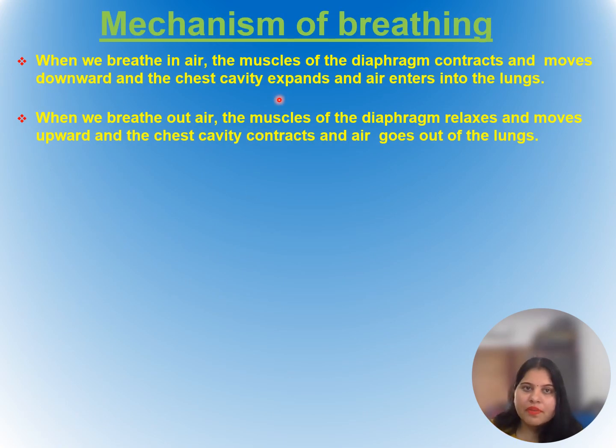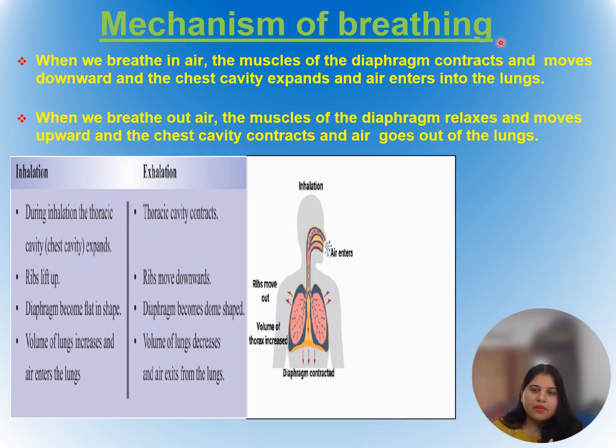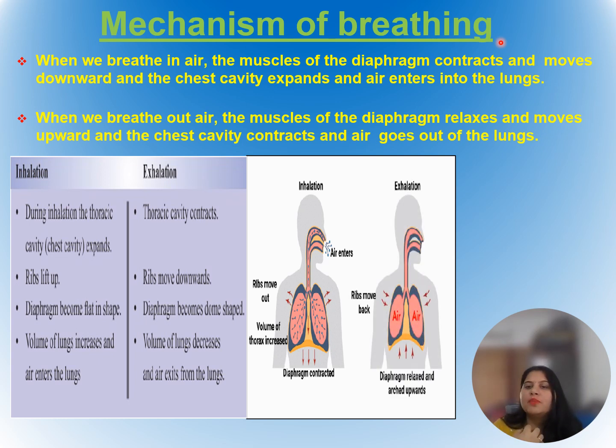Now, we will see the mechanism of breathing. What is the mechanism of breathing? During breathing, when we inhale the oxygen, that process is known as inhalation. When we expel the carbon dioxide gas, that is known as exhalation. So what takes place when we breathe in? When we breathe in, you can imagine this diagram.